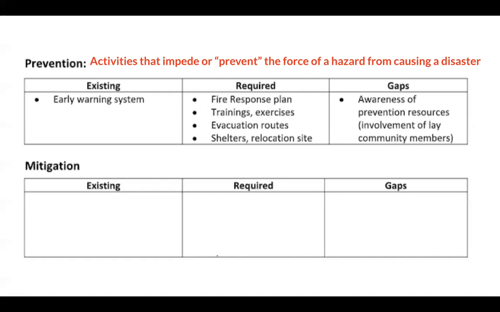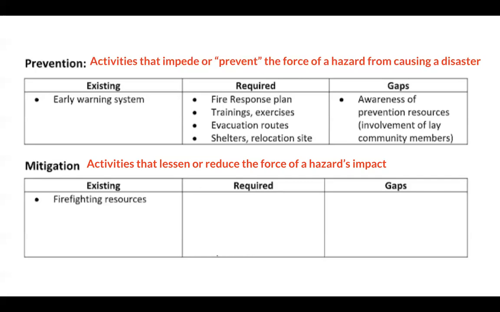So next we'll assess our community's mitigation resources the same way we just did for prevention. Mitigation activities are different from prevention in that they are meant to lessen or reduce the force of a hazard's impact, not necessarily avoid it altogether, like in prevention. So considering activities currently taking place in the LAMC communities that are meant to mitigate fires, we have firefighting resources.